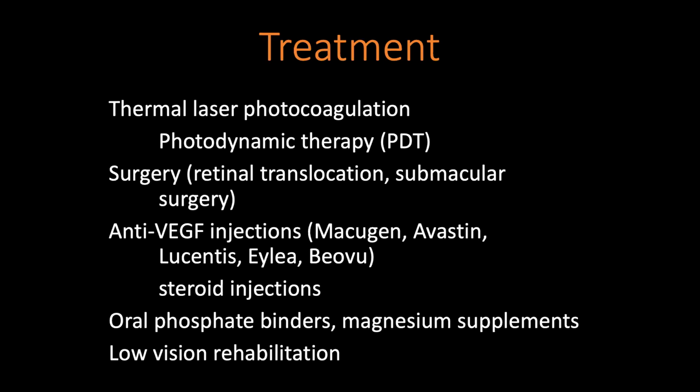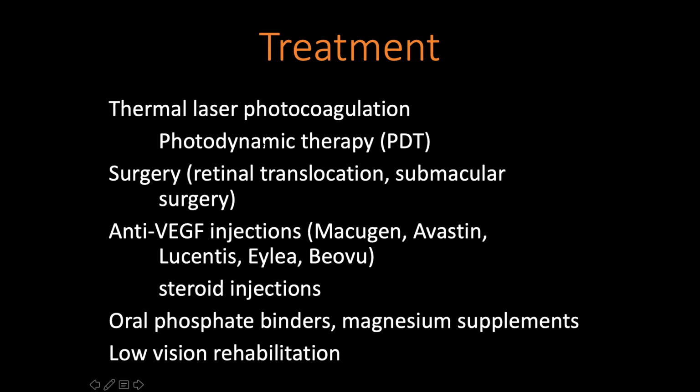We could only use thermal laser photocoagulation when the vessels were outside the center of the retina or outside the center of the macula, which was true in between 5 and 10% of cases. So close to 95% of patients could not have laser treatment because the neovascularization was in the center of the retina, and we would create a scar with the laser, which was just what we were trying to prevent.